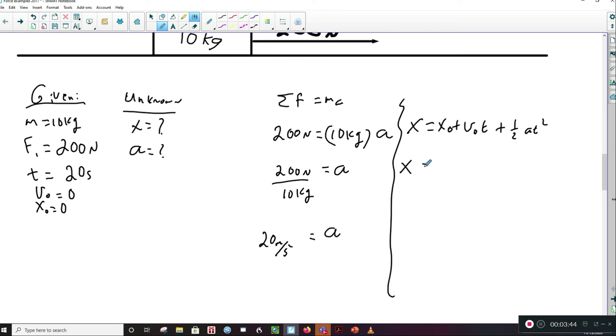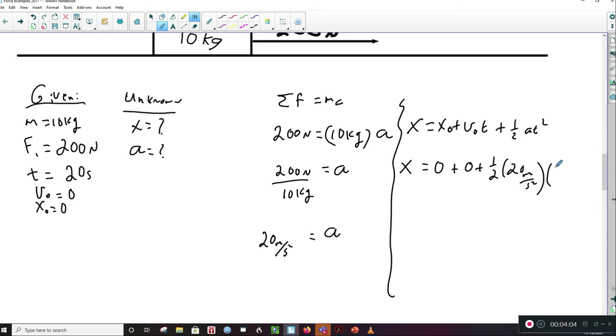So I'm after x, my x naught is 0. My initial velocity is 0, so this whole term goes to 0. Plus 1/2, now the a is what we just solved, 20 meters per second squared.